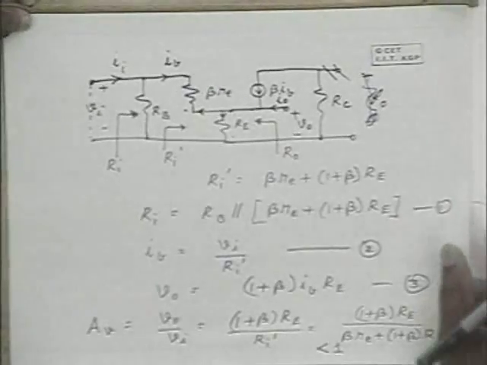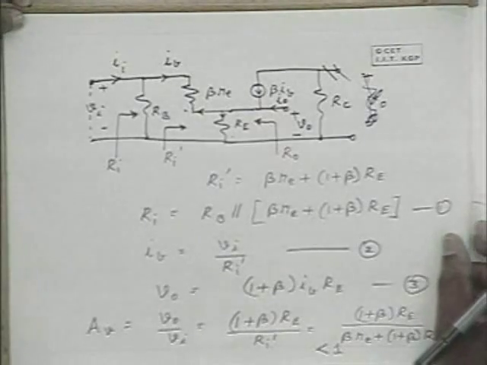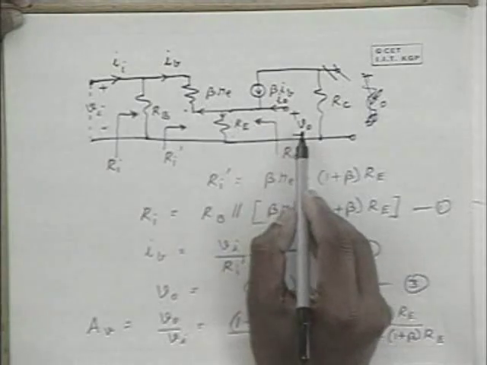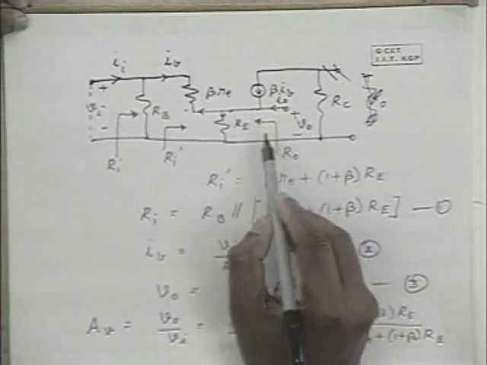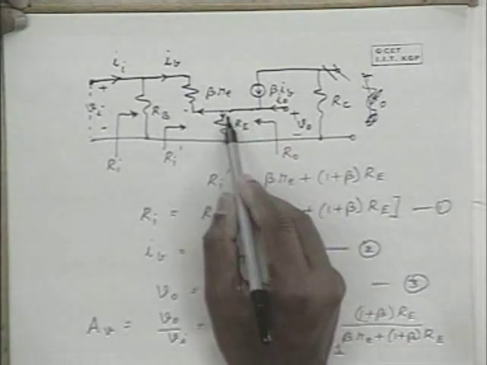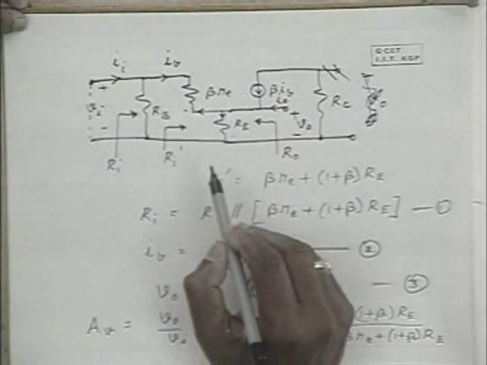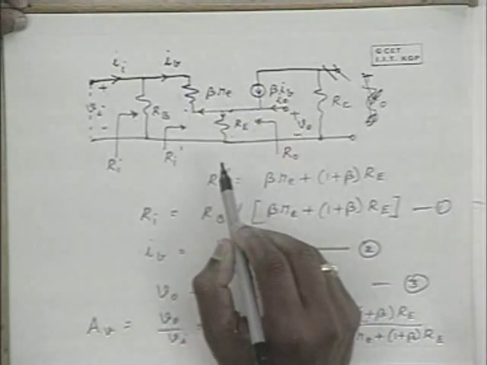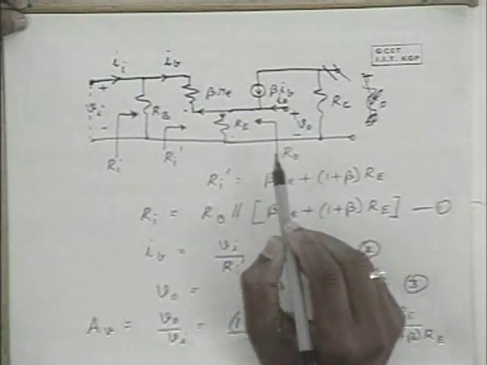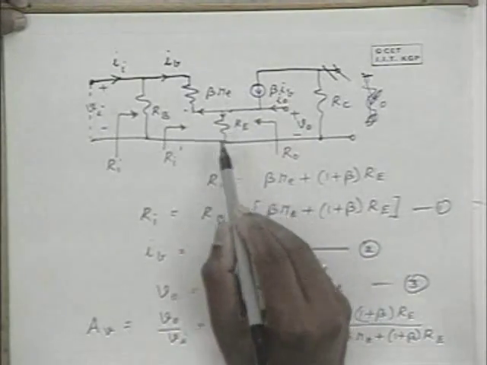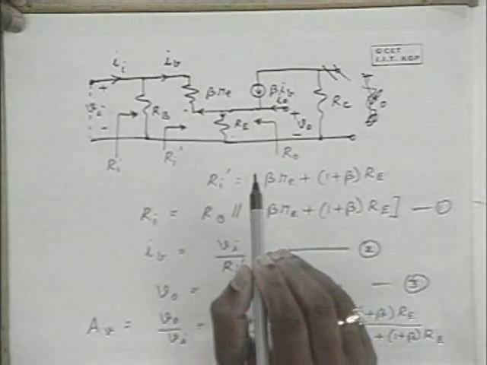Yes, please, there is a question. So how IB has come in? Well, the external supply which you have applied here is directly coming across RE, and the voltage drop across RE appears on the input side, because RE is common to input as well as output.